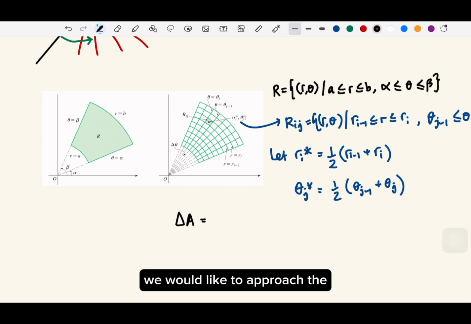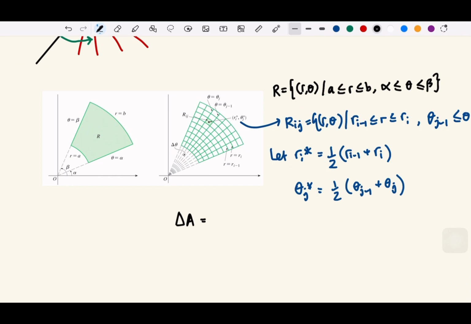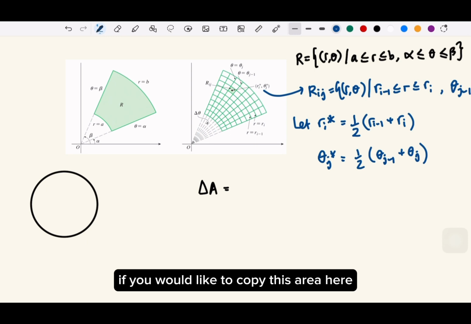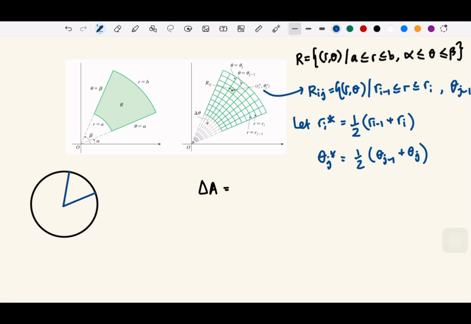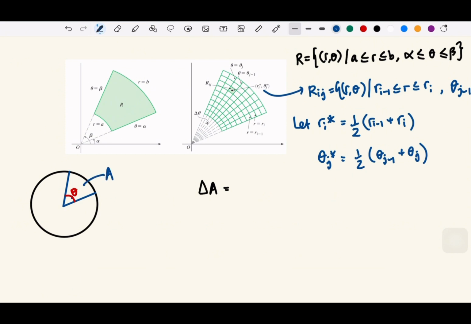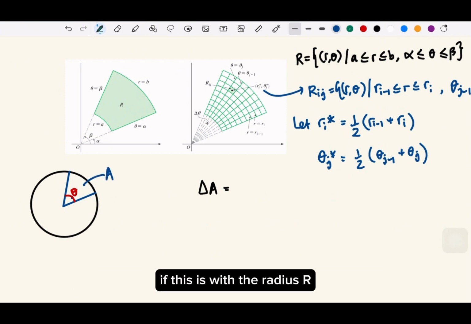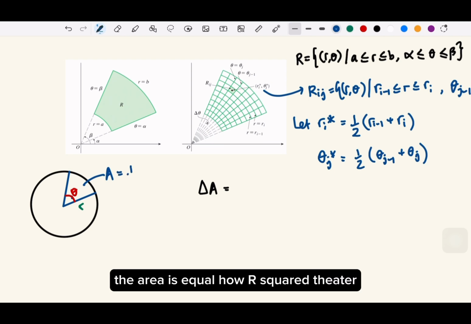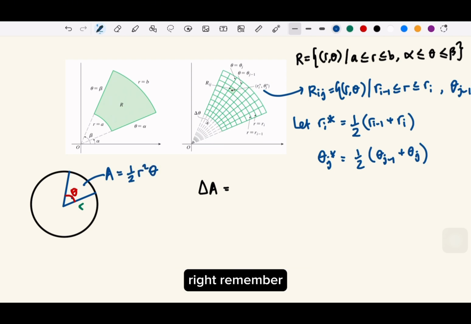We would like to approach this: if you have a circle and you would like to compute this area here, if we have a theta and we want to know the area, with radius r, the area is equal to one half r squared theta, right?